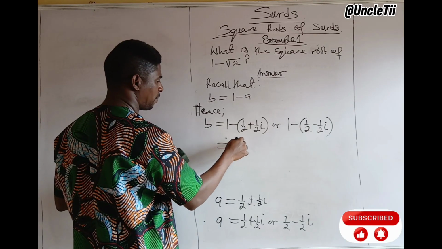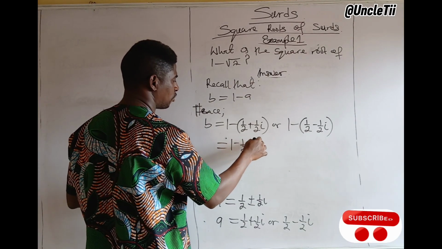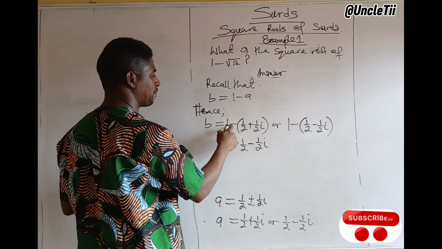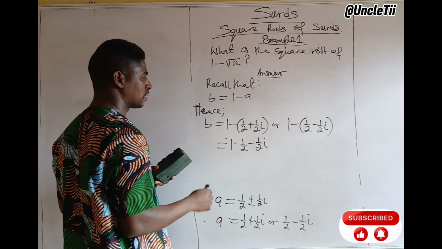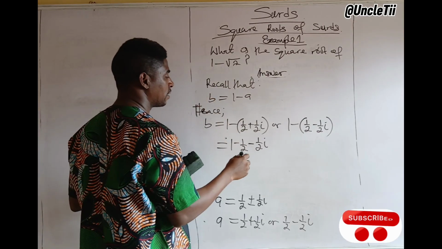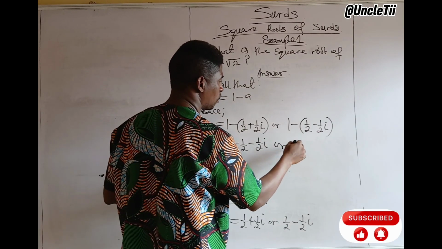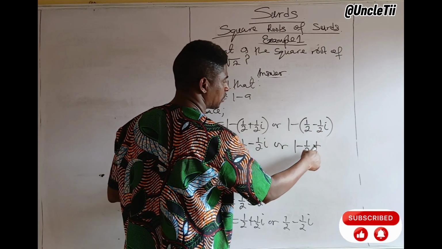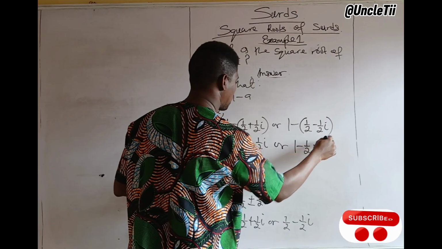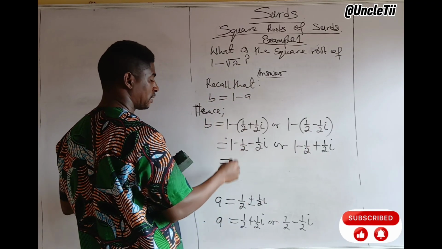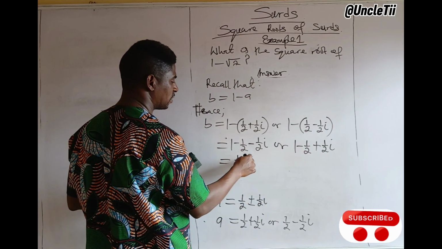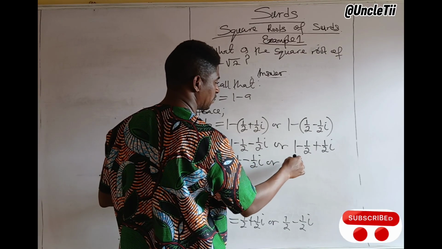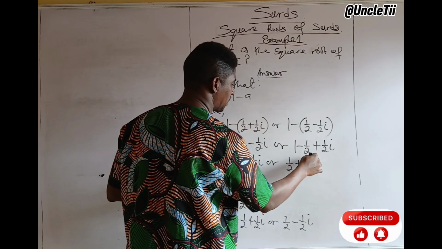That will give us 1 minus half plus half i, or 1 minus half minus half i, which is 1 minus half plus half i. 1 minus half is half. Then we have minus half i, or half again plus half i.